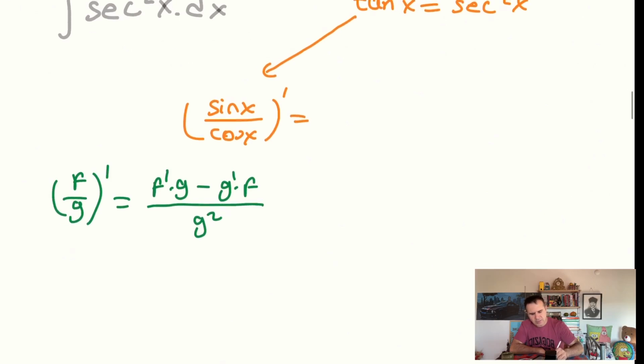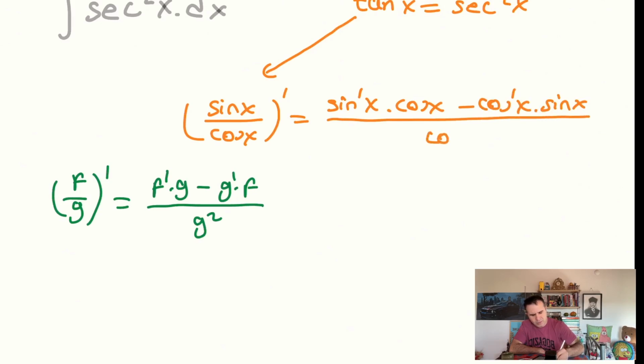The derivative of sine x over cosine x is the derivative of sine x times cosine x minus the derivative of cosine x times sine x over cosine square of x.